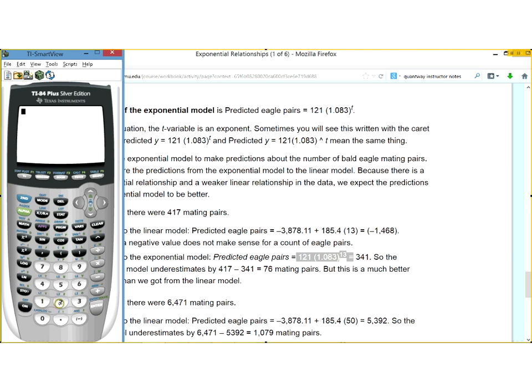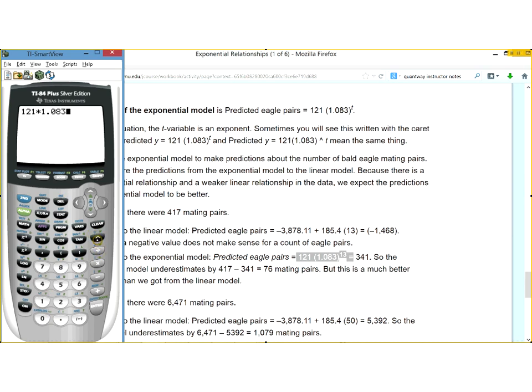But we have 121. So it's typing the number, and then where it says times 1.083, you can just type parentheses, or you can do times whatever works for you. But you can even leave out the parentheses and just type times 1.083.